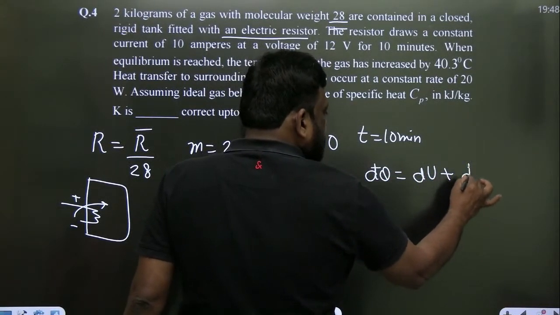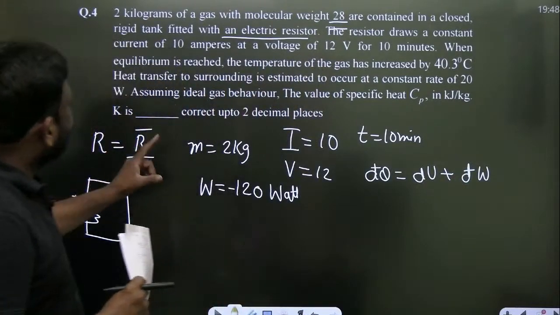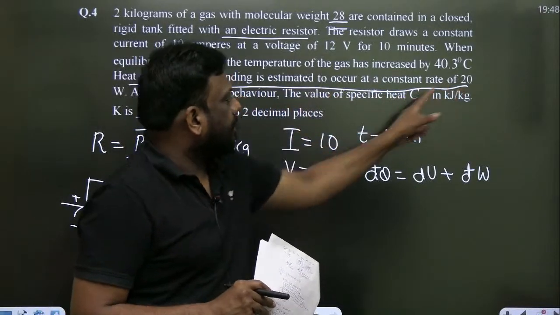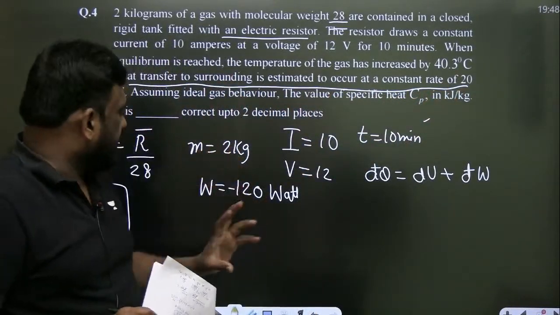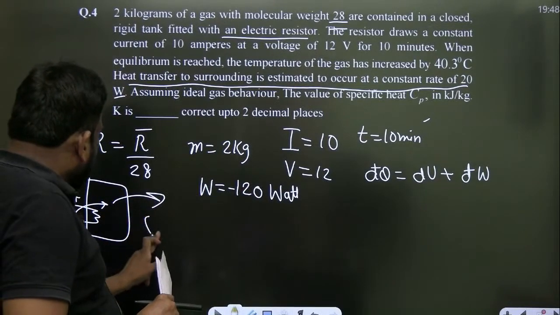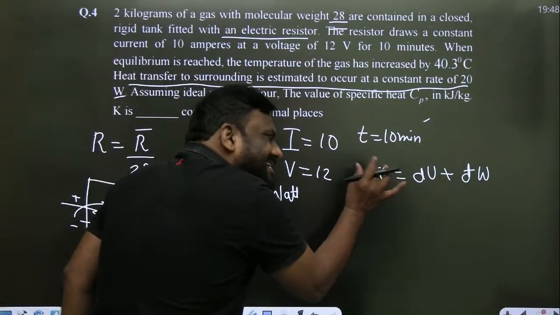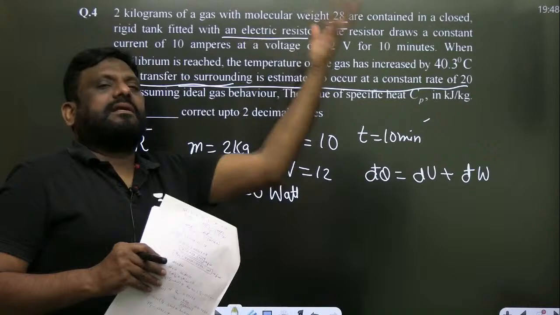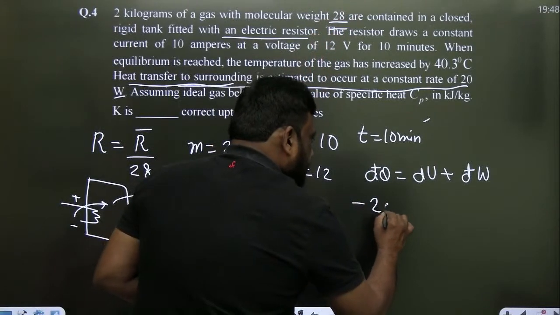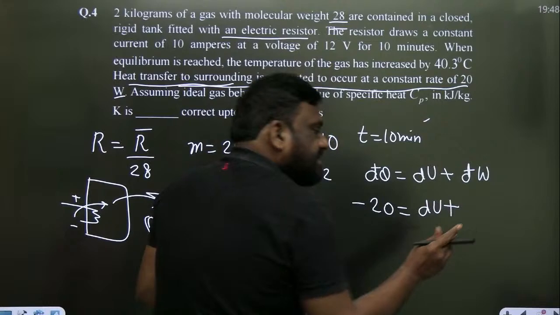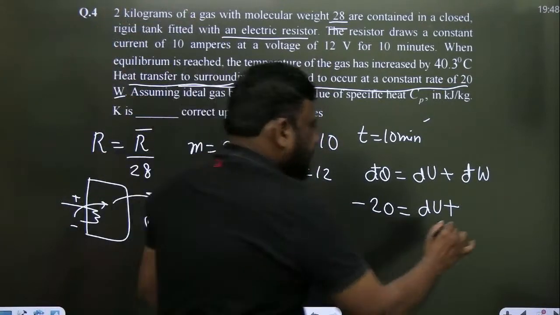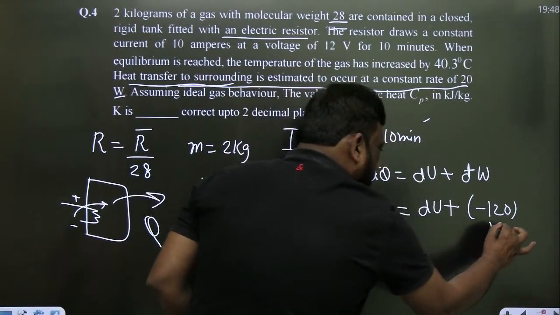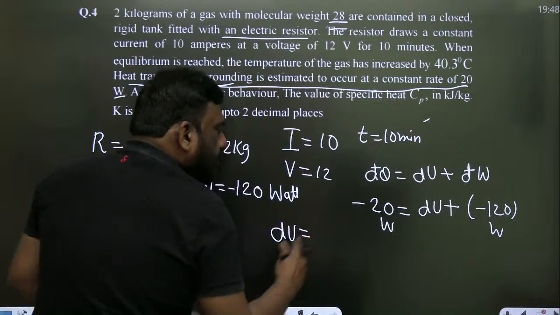Look, he clearly said heat transfer to the surroundings is estimated to occur at a rate of 20 watt. Heat transfer is going out of the system, so should I take this heat transfer as plus or minus? Heat transfer to the surroundings is going out of the system, so it is -20, equal to du, and electrical work is done on the system, that is -120. But its unit is in watt, and this is also in watt, so you get du as 100 watt. Why are you taking both negative?